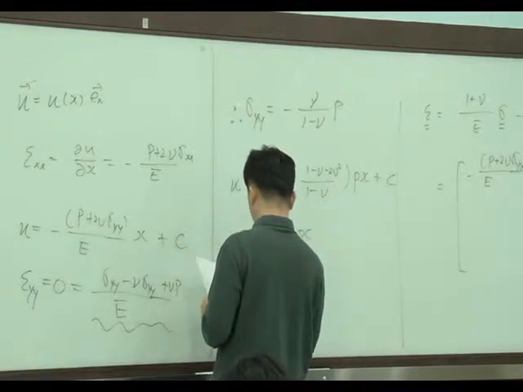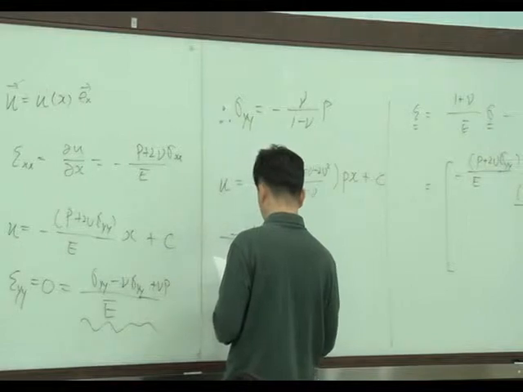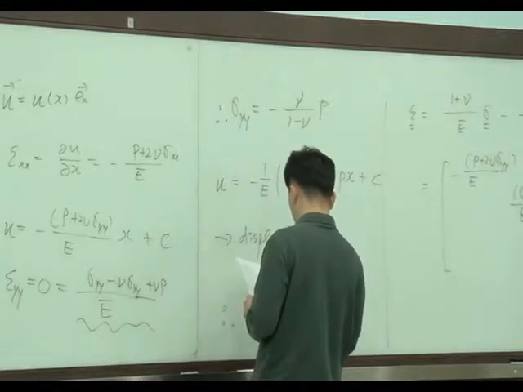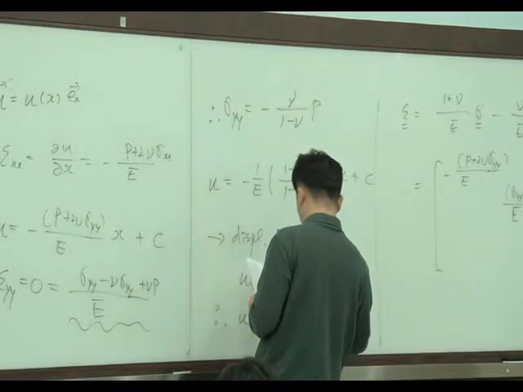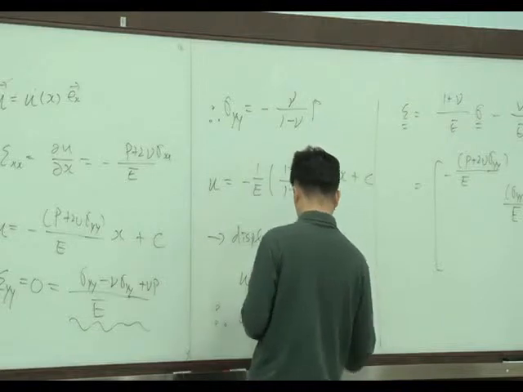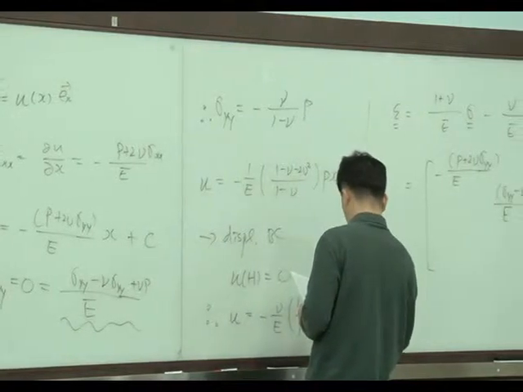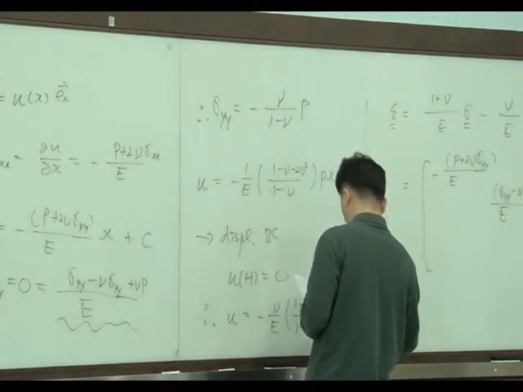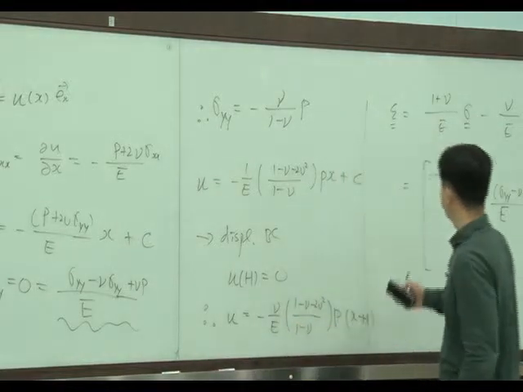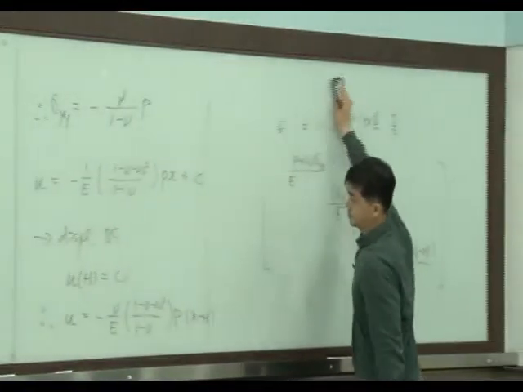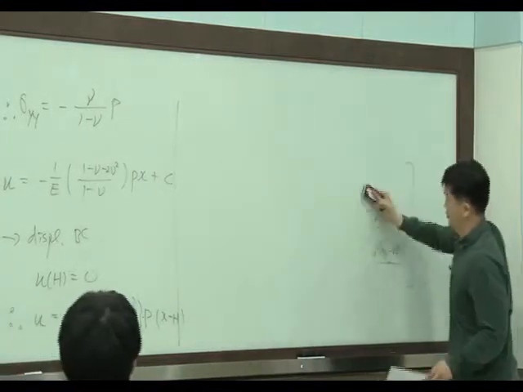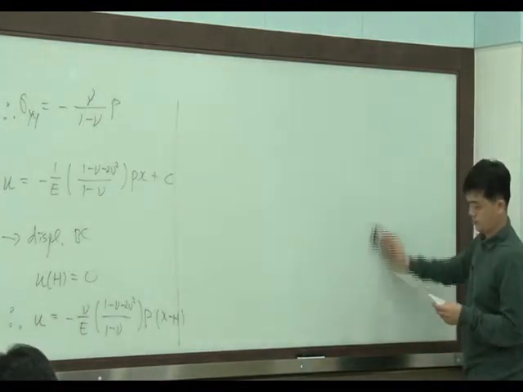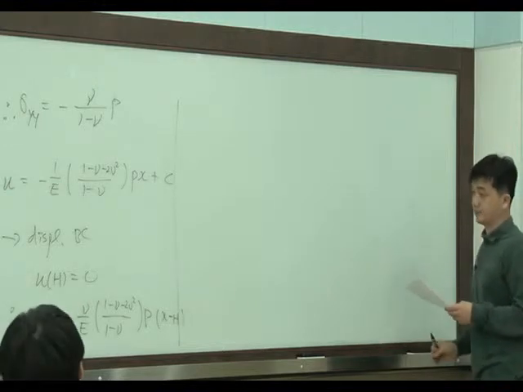Then finally we can find displacement field U minus E square P x minus h. This is displacement. Okay?